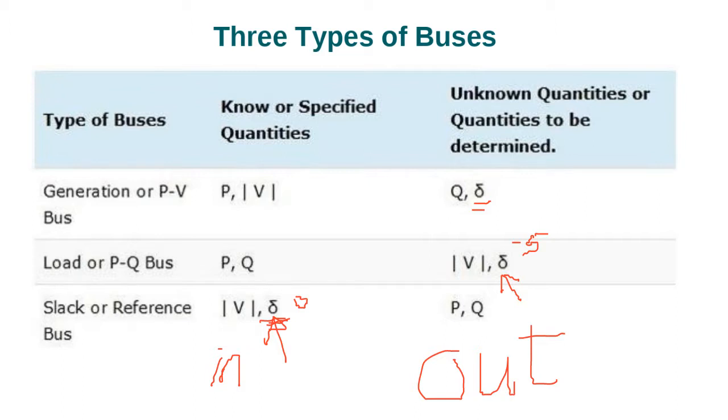There's no problem, because it's a reference bus for the rest. If you set it at -5, the rest also will be with respect to -5. Anyhow, these are the 4 parameters that we need to know for every bus in power flow.